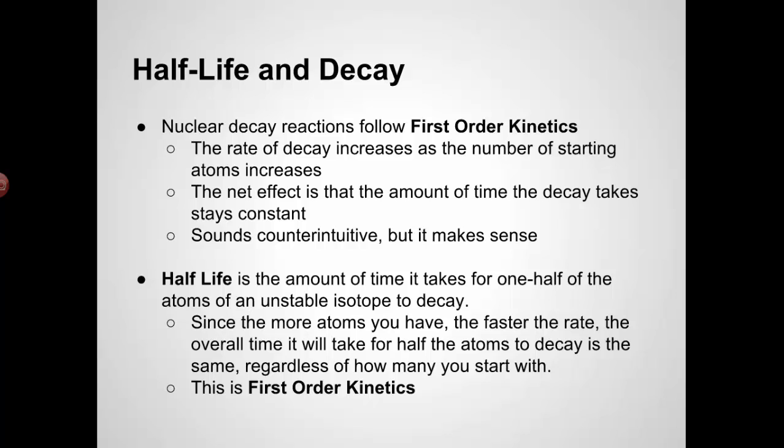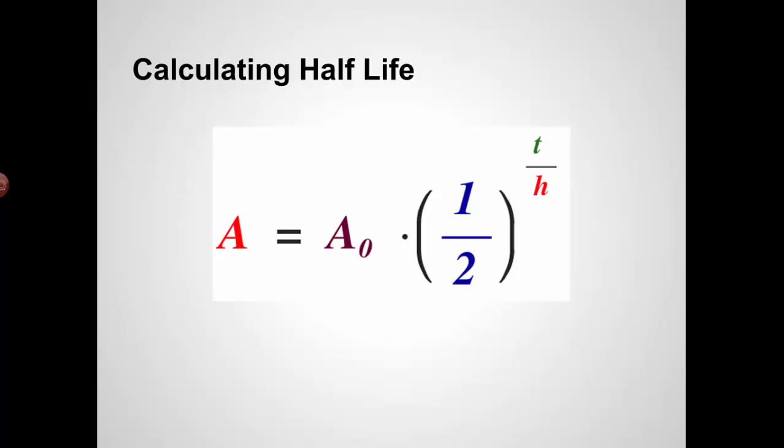But what it means is that we have a relationship between the amount of stuff we start with, the amount of time it takes, and how long the half-life is. And we can represent that by this little equation here. A is the amount of substance, the amount of unstable isotope that's left after a certain amount of time.